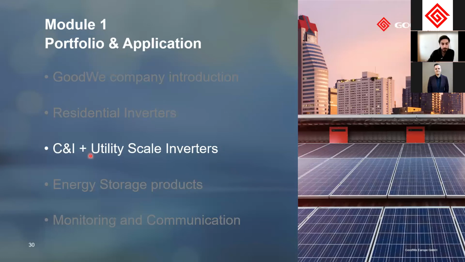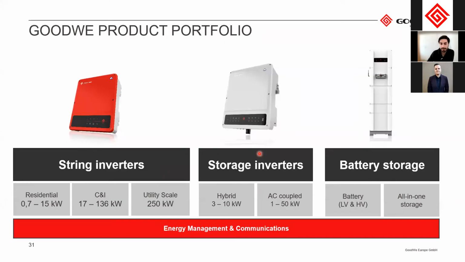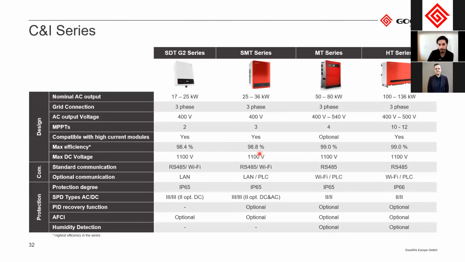So let's now talk about our CNI inverters, from 17 up to 136 kilowatt. And here you see all the different series. I hope that you recognize this one. It's the STT-G2, but only from 17 up to 25 kilowatt.